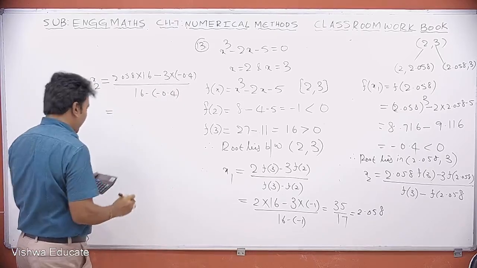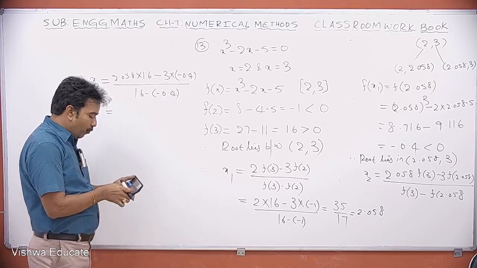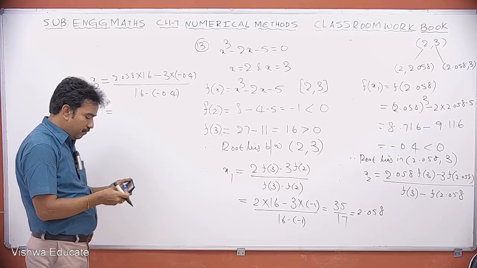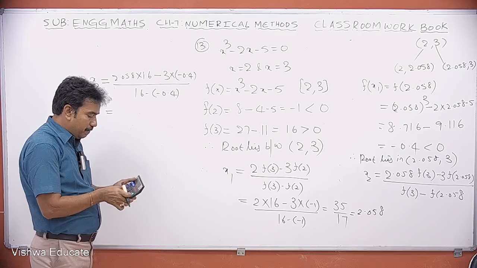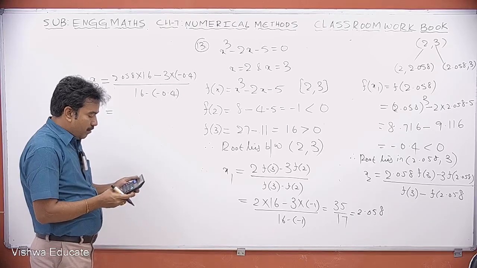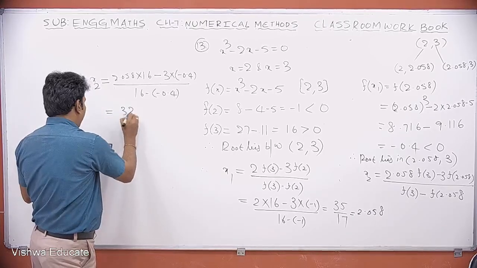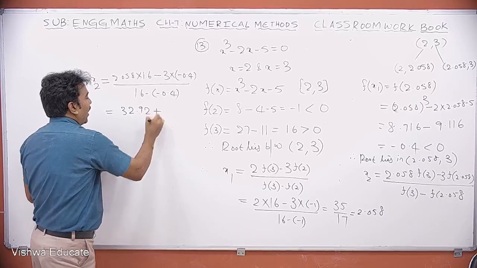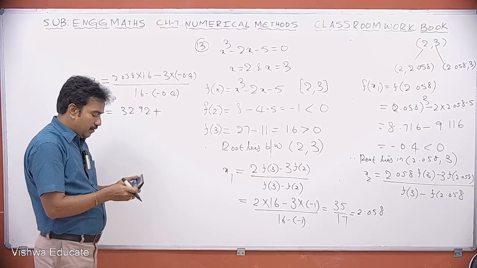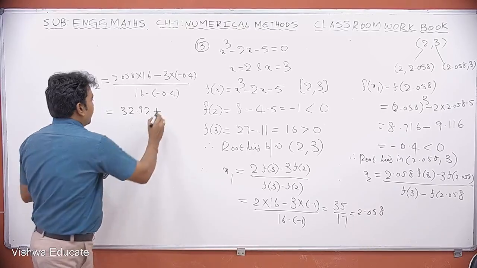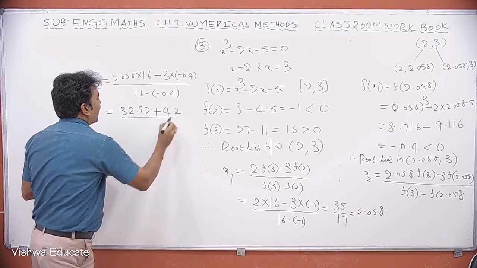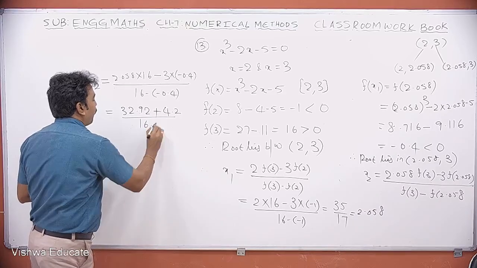Now let us simplify this. 2.058 times 16 equals 32.92, plus 3 into 1.4. This gives me 4.2, divided by 16.4.